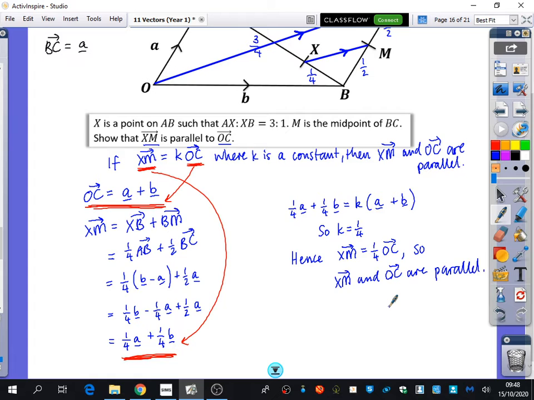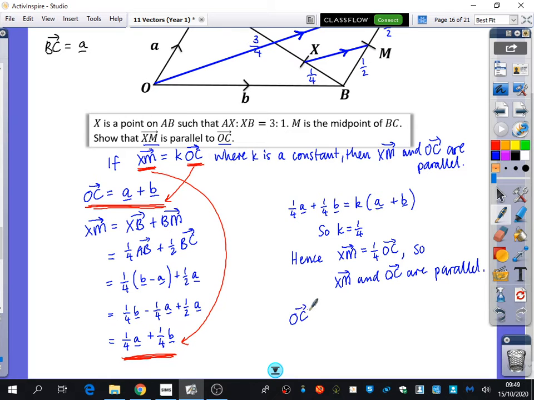Has anyone got any suggestions of what you think we could also tell us about these two vectors that we've got here? They are parallel, and there's something else I know about these two vectors. Any suggestions? Andrew? OC is 4 times the size of XM.